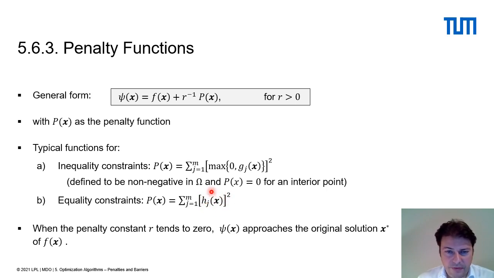You do that by just summing up the quadratic terms. So again, when r approaches 0, c of x will approach the solution of the constraint problem.